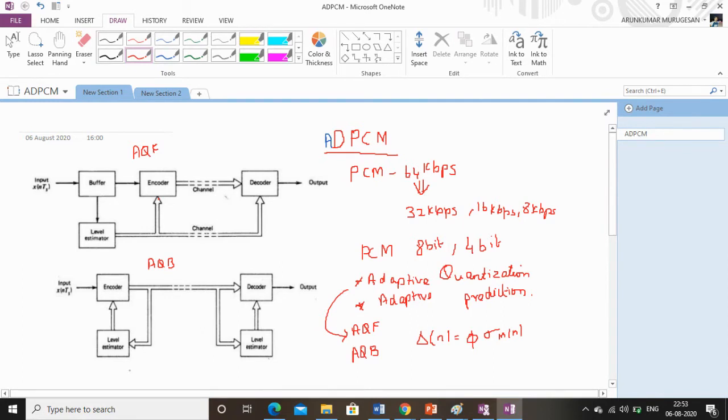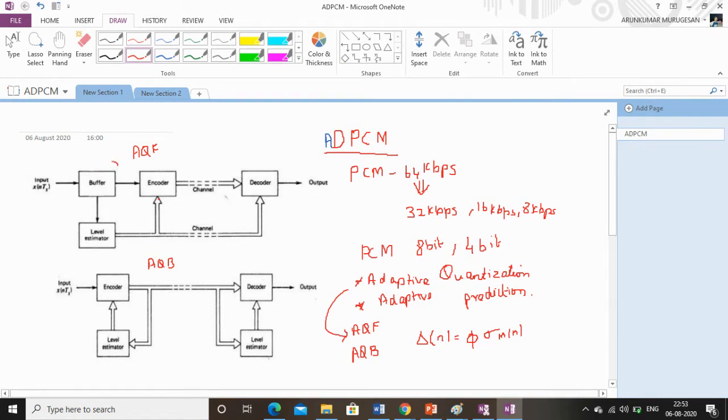In forward estimation, the unquantized input samples are used to derive the standard deviation. In backward path, samples of the quantized output are used to derive the backward estimation.